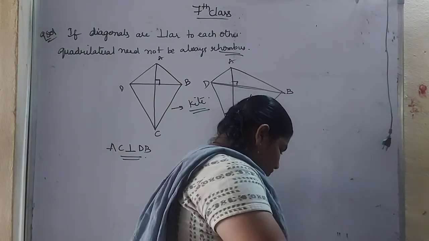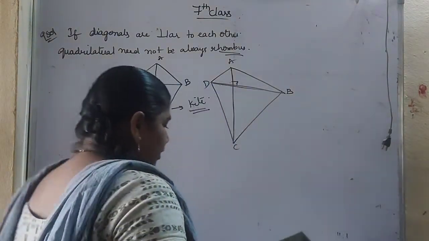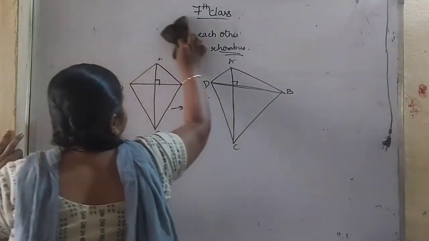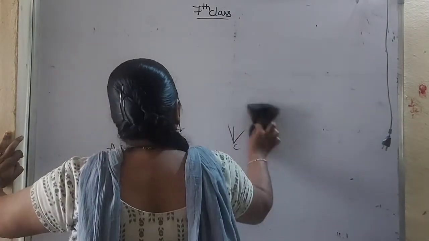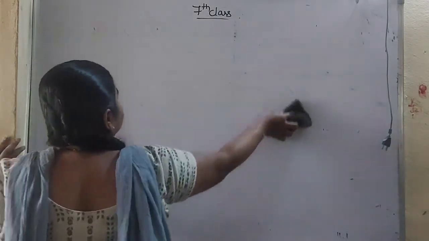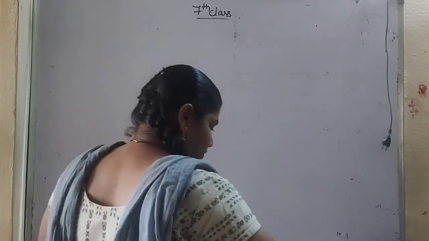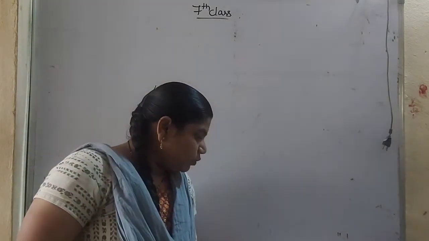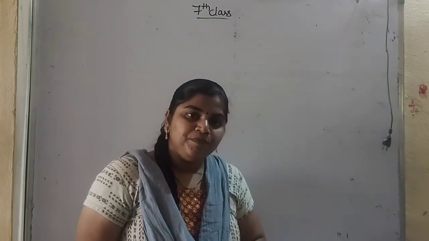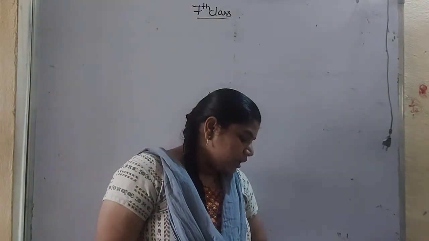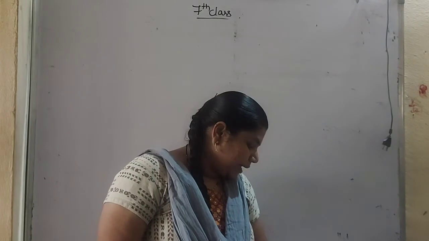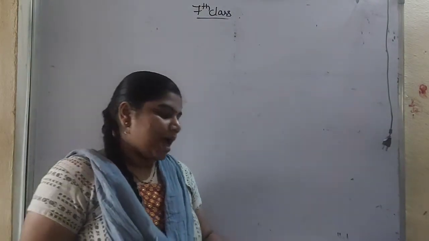Next is the 10th one. So what is the 10th one? ABCD is a trapezium in which AB is parallel to DC. If angle A is equal to angle B is equal to 30 degrees, what are the measures of the other two angles?